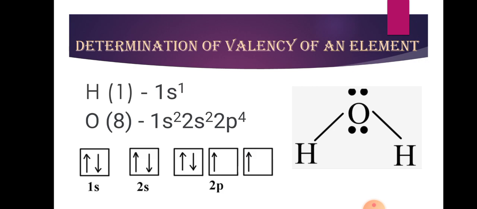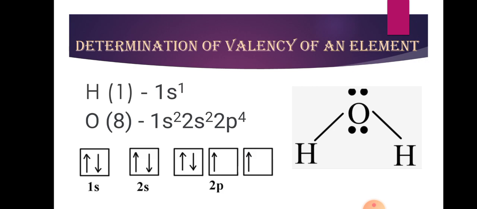Here, hydrogen has one electron in its outermost energy level, and during bond formation, hydrogen atom uses this electron also. So, the valency of hydrogen is 1 and its valence electron is also 1.